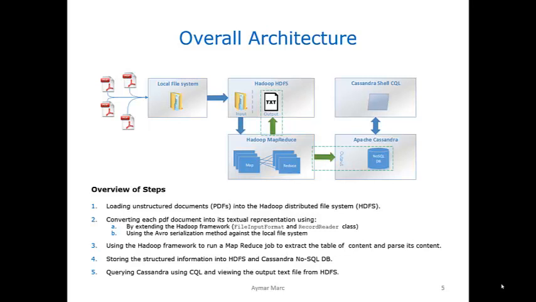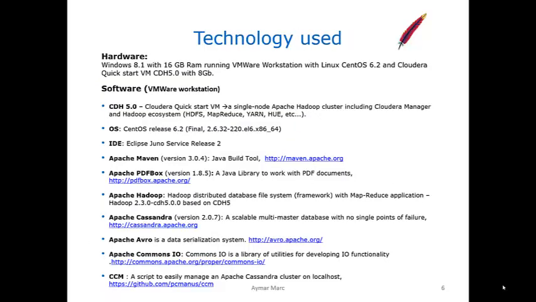Of course, here the advantage of using Cassandra will be that we could use SQL in order to run queries against this data. So here's the technology used for this project. I run everything on a Windows 8.1 machine with 16 GB of RAM. I installed a virtual machine based on the Cloudera QuickStart CDH5 set with 8 GB of RAM.